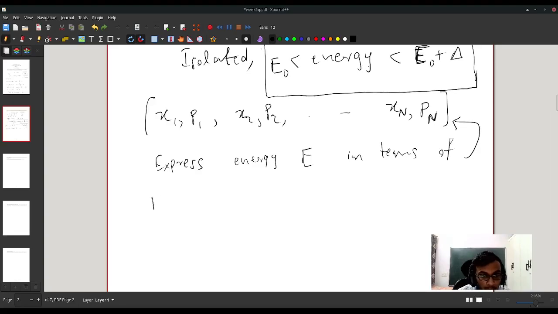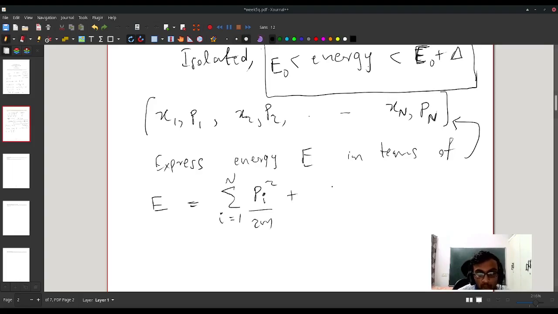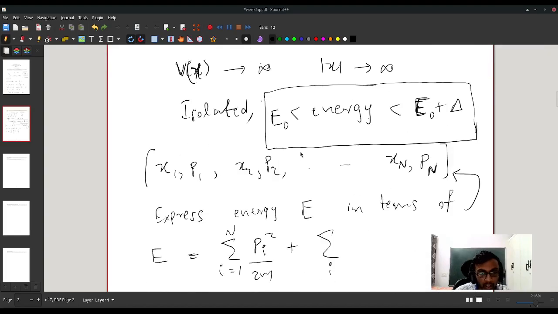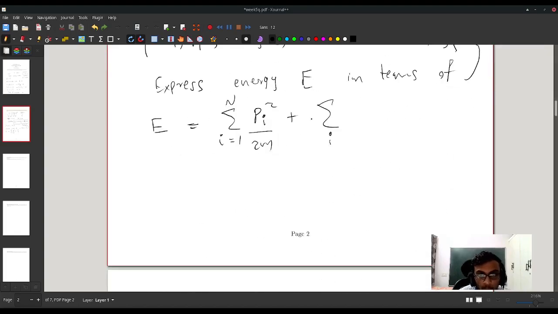The kinetic energy of the particles is simply going to be p squared by 2m for each particle, so the sum goes from 1 to n, and the potential energy is going to be V of xi, which is given to be of this form.